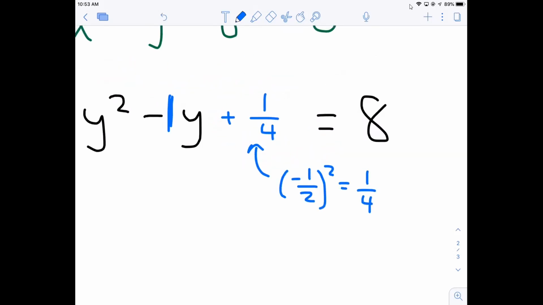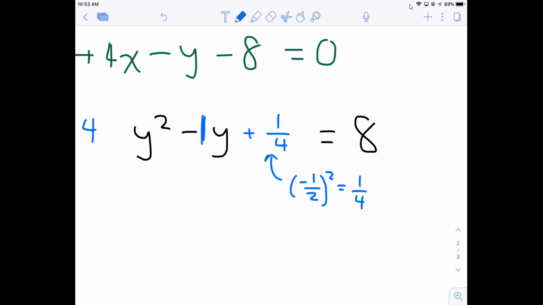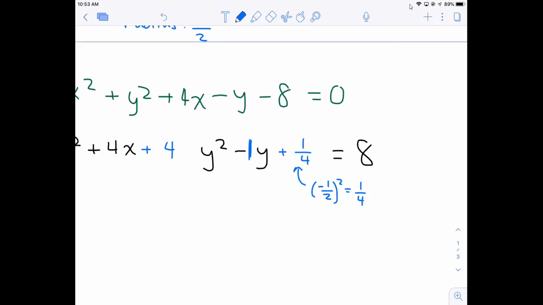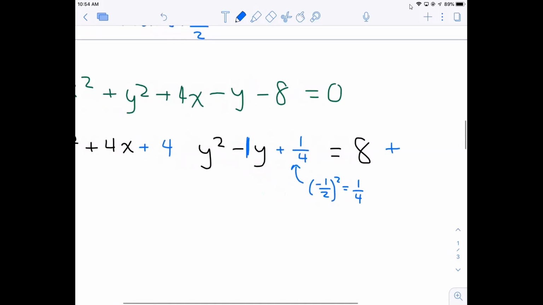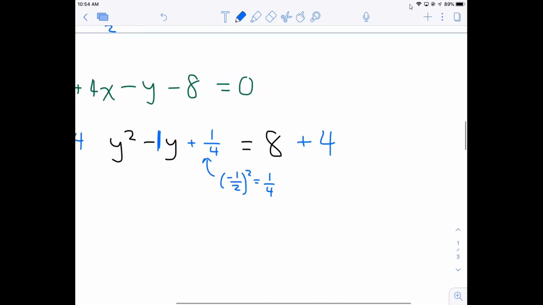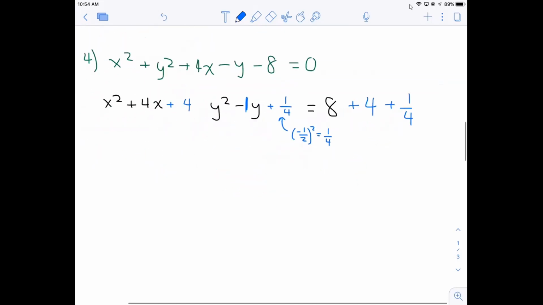And by the way, the number you're adding is always going to be positive, because whenever you square a number, whether positive or negative, it's going to be positive. So I added a 1/4 here, and I added a 4 and a 4th. So make sure to add 4 and also a 4th to the other side of the equation as well.